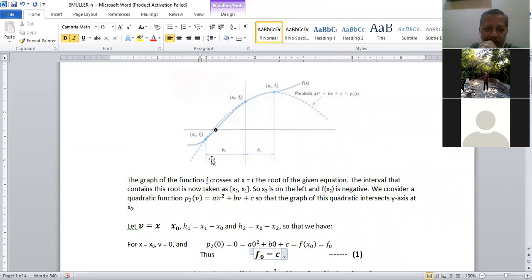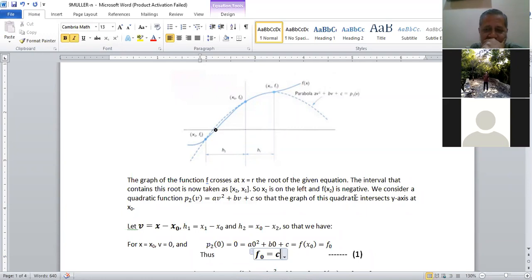Now in this method, we start the procedure with again locating a root. If the interval x2 x1 contains a root, note that हमने उल्टा कर दिया है. हम x1 x2 लिखा करते थे इंटरवल को, अब मैंने x2 x1 लिखा है. So the left hand point is x2 and the right hand point is x1.